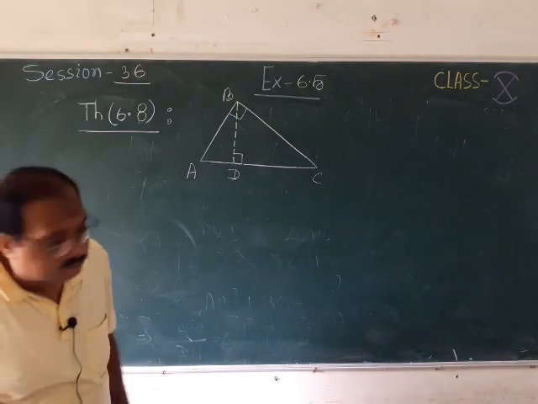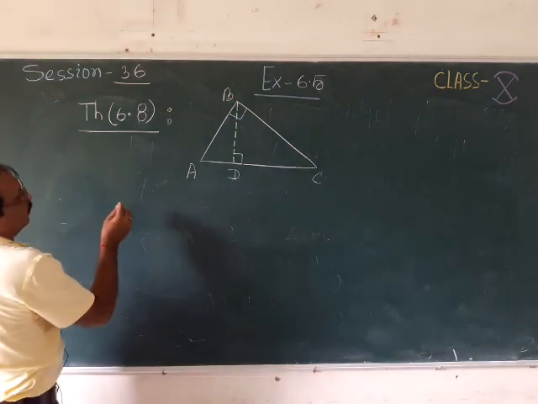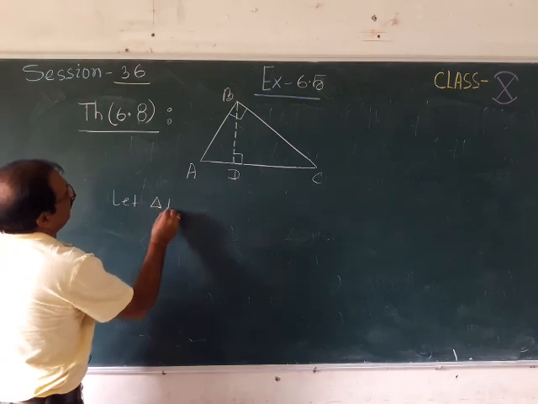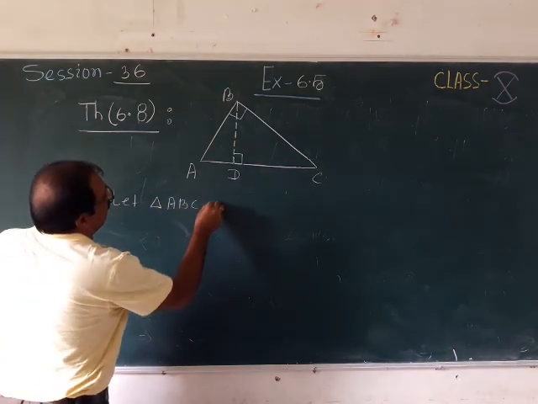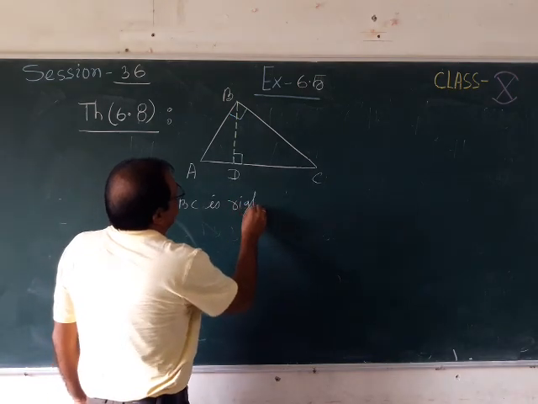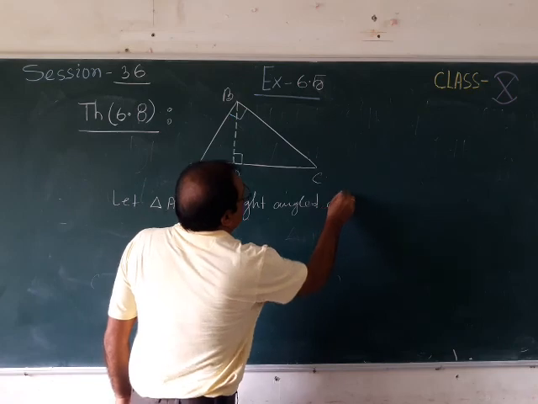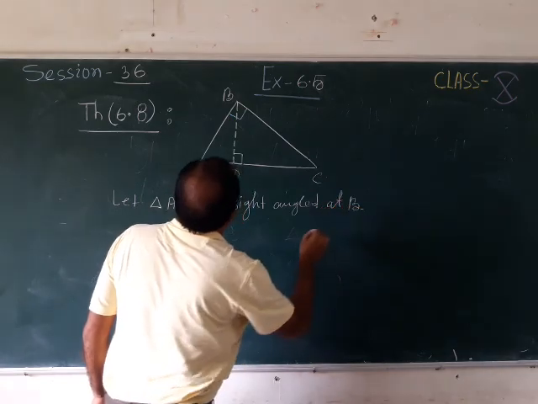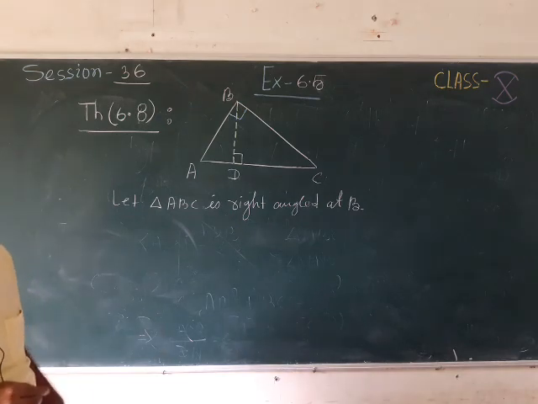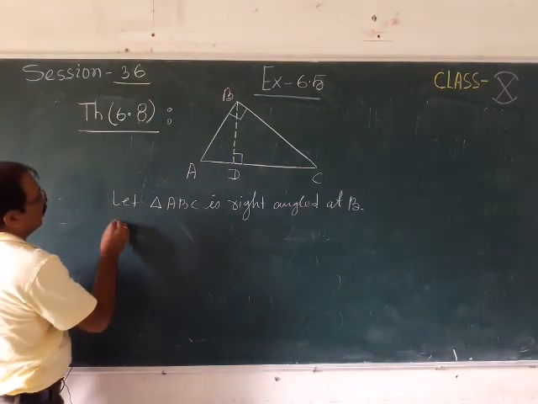So what is given? What is to prove? Let me write. Okay, so let triangle ABC is right angle at angle B. Now we need to prove.